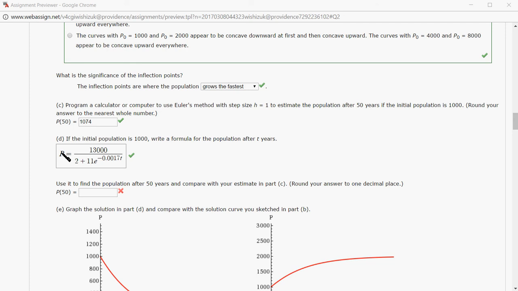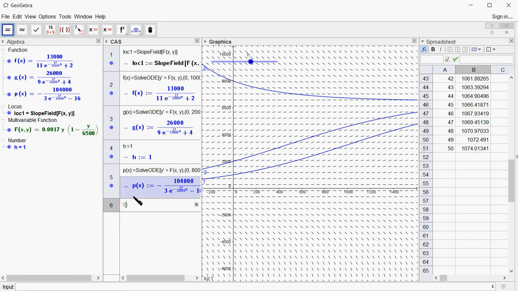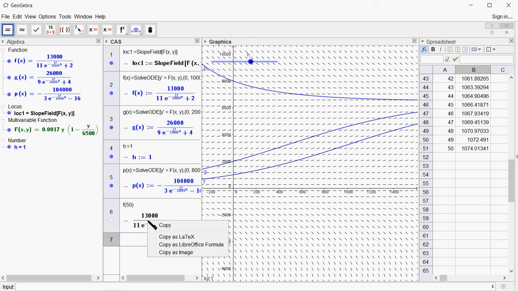I'm going to just use the function, and here f of x is there, so I'm going to find f of 50. We want to get the decimal value here.